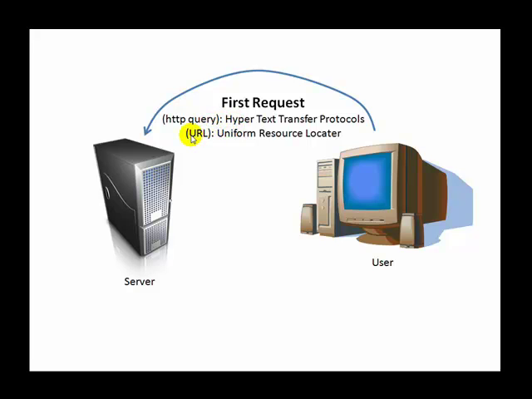The address is called a URL. That's a Uniform Resource Locator. Your URL lives on this server, and if it has a URL, any computer anywhere can access that by using HTTP. So, your user has the URL, and it sends an HTTP query to the server.